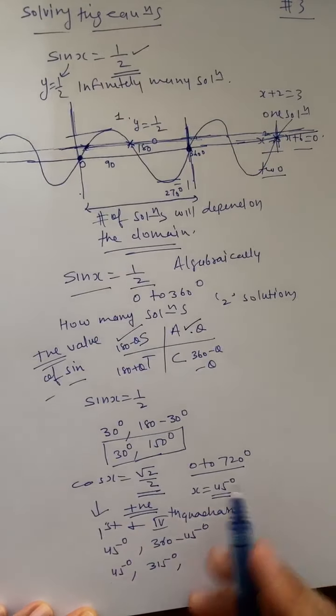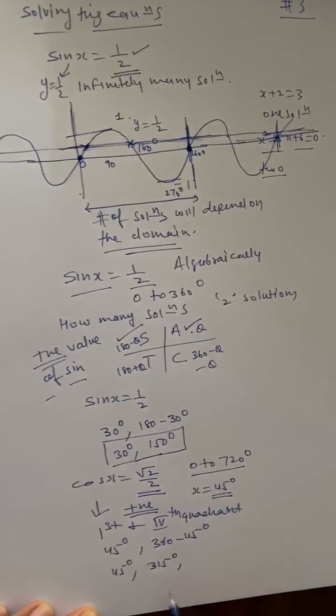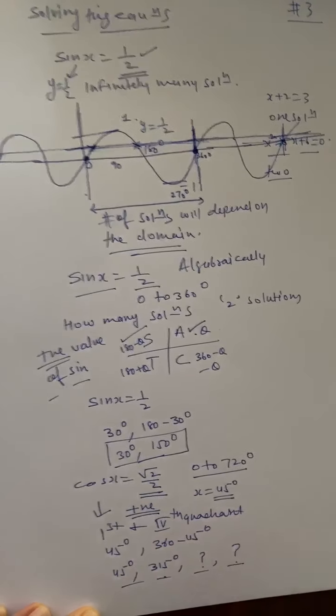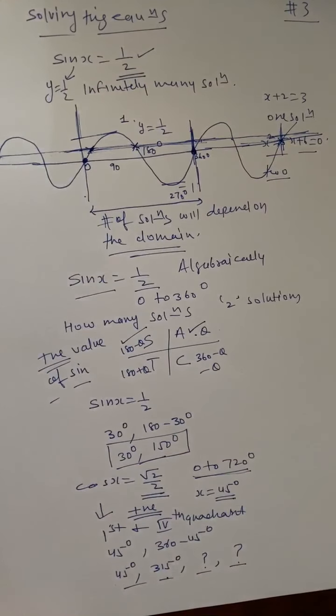Then you will have another value, you keep on adding, so what should be the next value? You can figure that out so that we have all the values taken in 0 to 720 degrees.